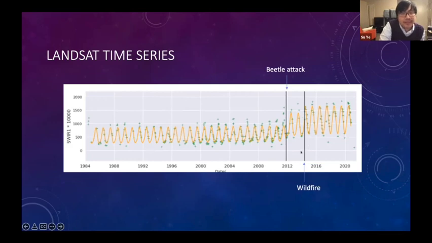For example, for these pixels, unfortunately, there are two consecutive disturbances in history, beetle and wildfire. We have some techniques to detect them. Also, we can classify them based on their spectral characteristics into different disturbance agents, such as beetle and wildfire. So that's the basic mechanism of how we use Landsat time series to do beetle detection and agent classification.